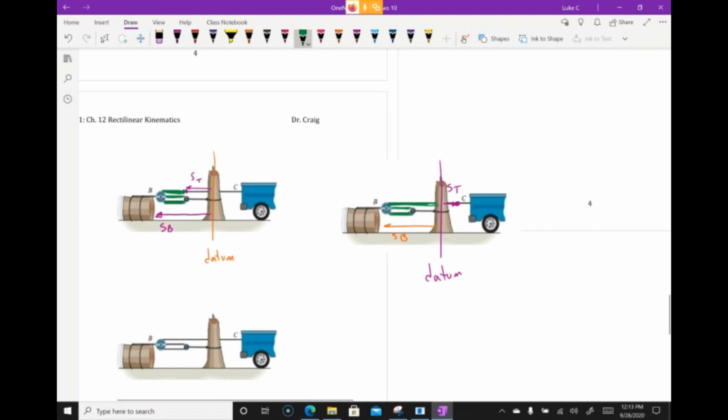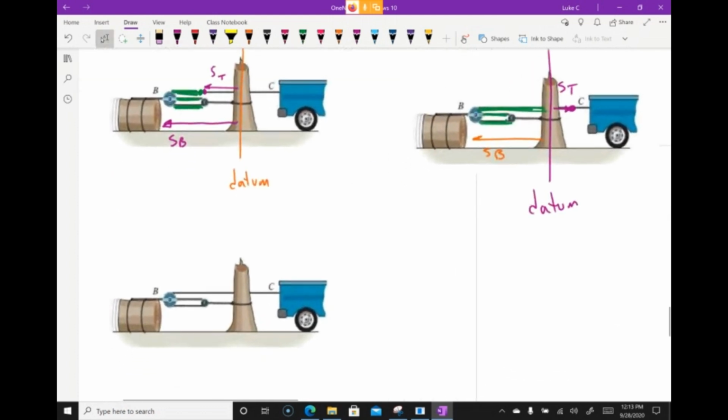Now, that's all I wanted to show you up here. The way I would do it is I'm going to show you down here. Again, I would pick this as my datum. I like to pick a point that's off from a pulley.